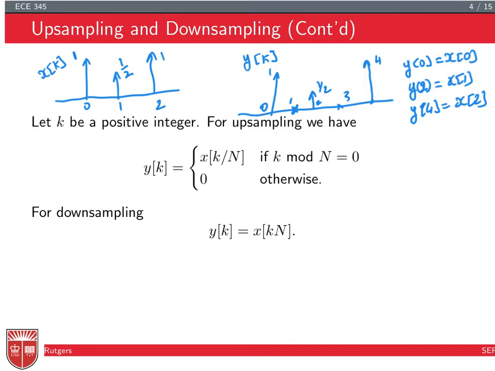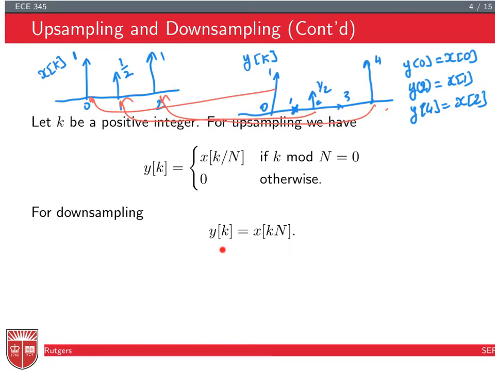What these equations are saying is that the values of the x's are mapped to the multiples of n at the y's. So 0 to 0, 1 to 2, and 2 to 4. Here I'm upsampling by a factor of 2. And this is why y of k is x of k divided by n if k mod n is equal to 0. Otherwise it's 0, so all the values in between are 0.